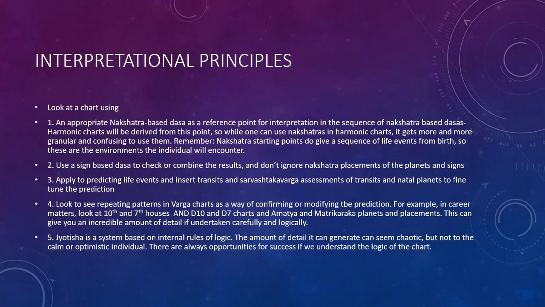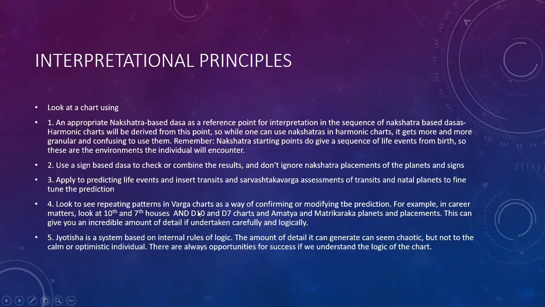So just because you're going into a system like Jyotish, which has different rules for yogas, it doesn't mean you ignore the nakshatras. The nakshatras are still important in Jyotish astrology. Apply this to predicting life events and insert transits and Ashtakavarga assessments of transits and natal planets to fine-tune the prediction.